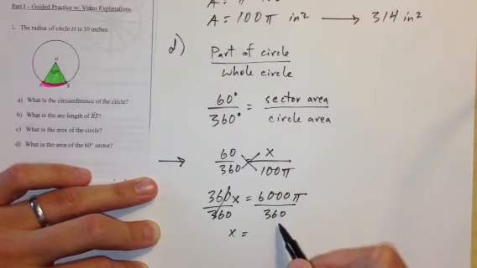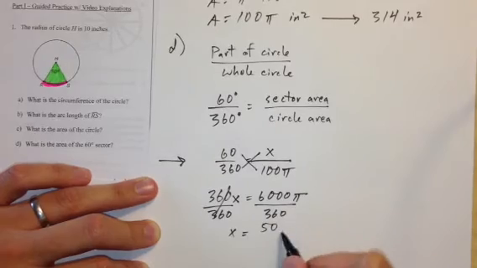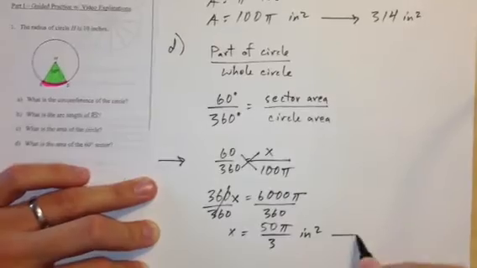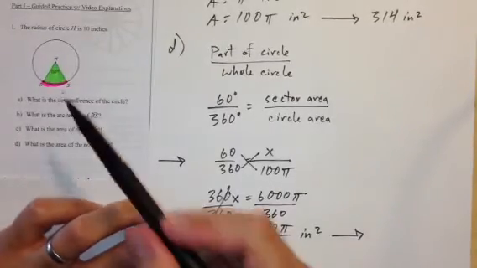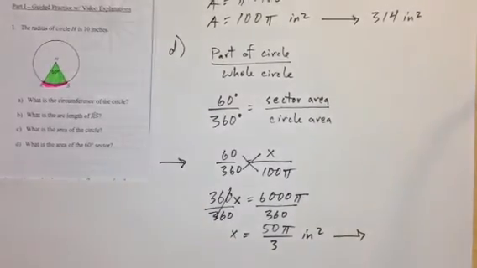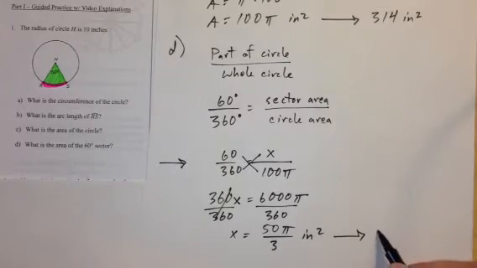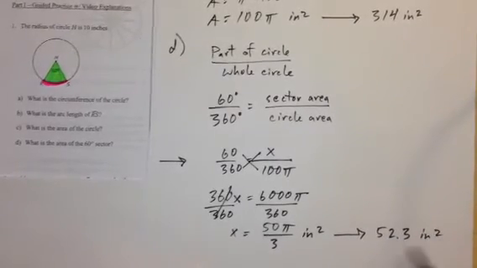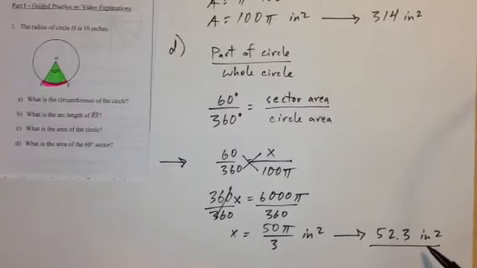So I'm going to simplify this fraction right here to 50 pi over 3 square inches. So the area of this sector, of this green piece of pie right here, is 50 pi over 3 square inches. If I want to make that into a decimal, I'm going to do 50 times 3.14 divided by 3 equals 52.3 square inches. That is the area of the sector.